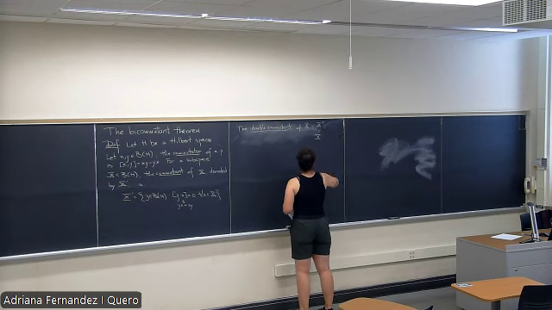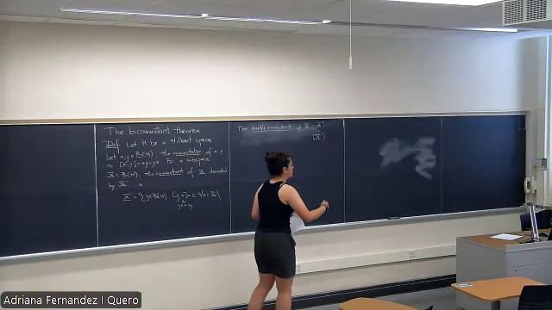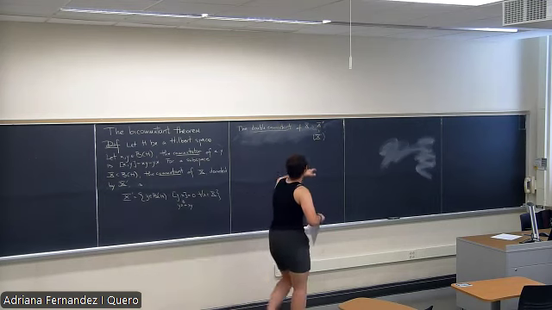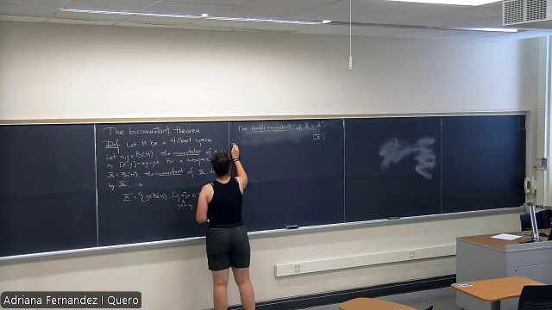So you take all the elements that commute with X, and then you consider the elements that commute with those elements. So double commutant. That's why we call it double prime.